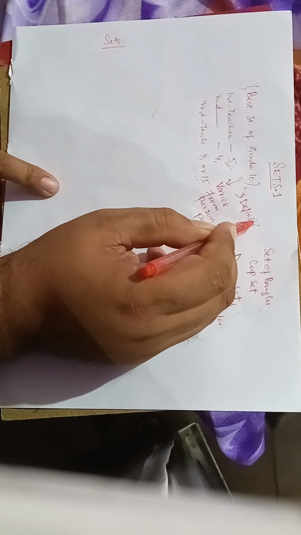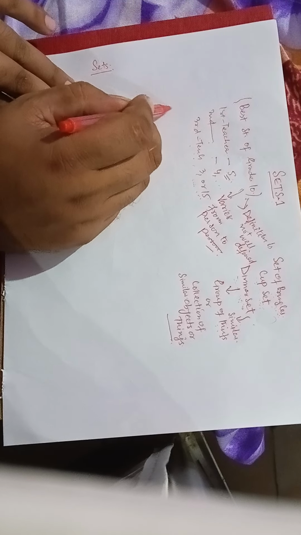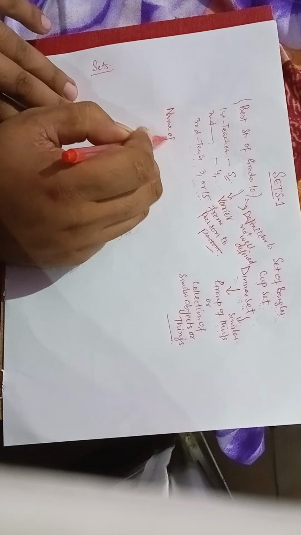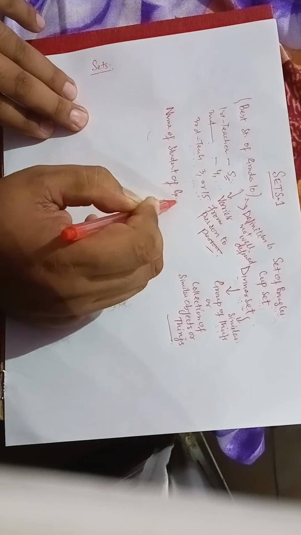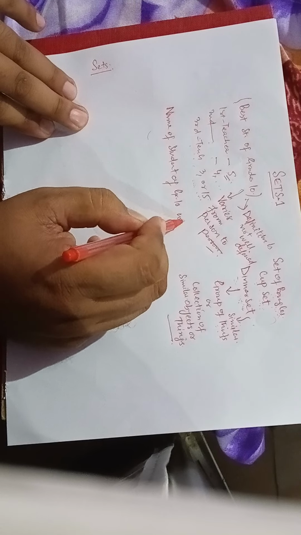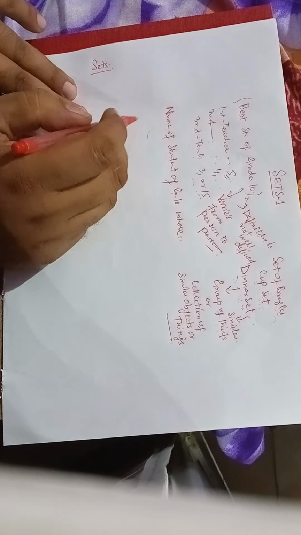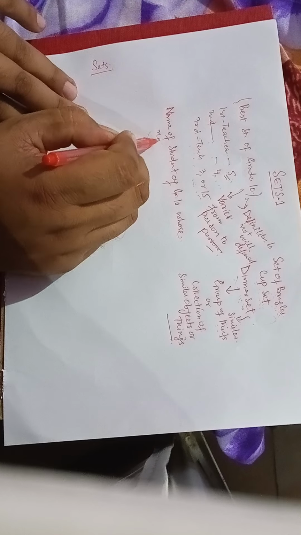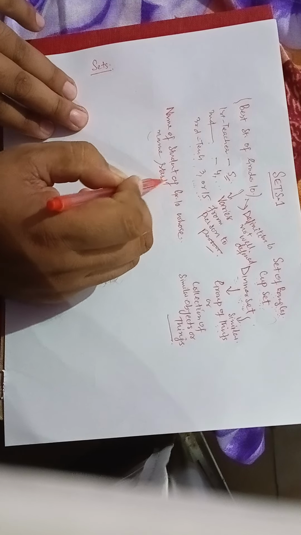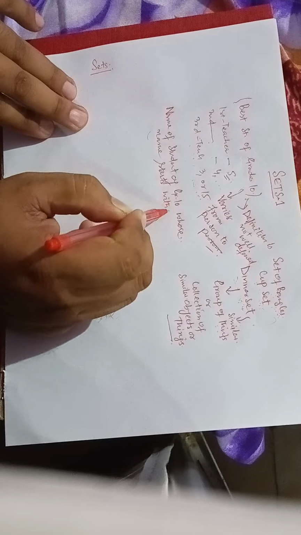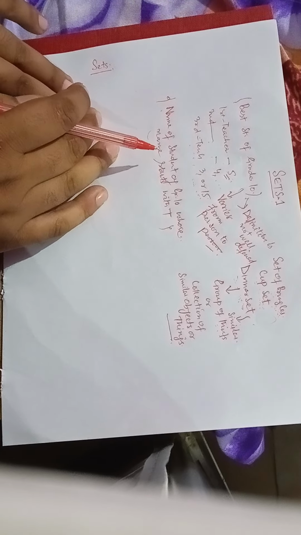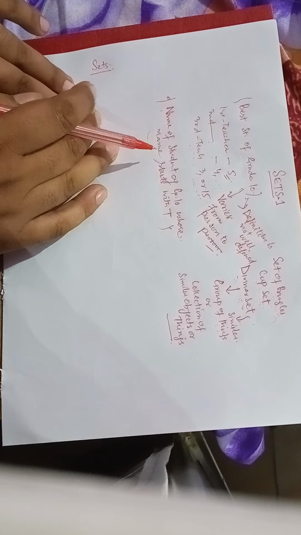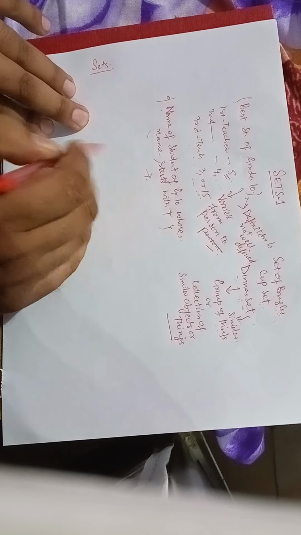Now I will take another example. From the same class, I will take the names of students of grade 10 whose name starts with T. Maybe there are 5 students whose name starts with T. So everyone will give me the same answer.